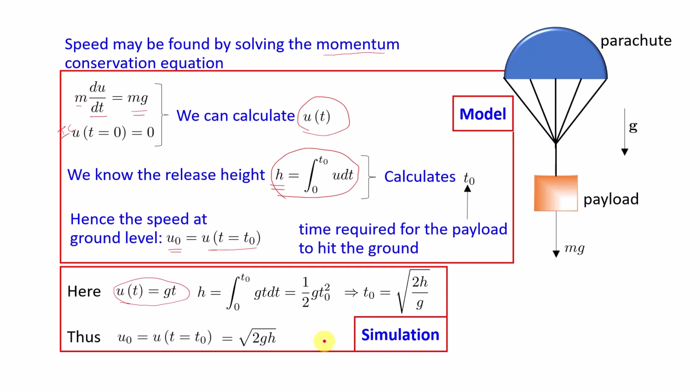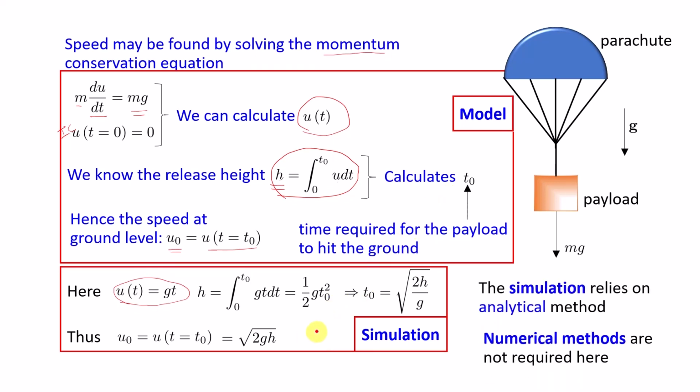You may be wondering that it's so simple. We already know it. What is the point of making all this fuss here? We'll go deeper into it. We have seen the model, we have seen the simulation. The good thing is that this simulation relies completely on analytical methods, and the numerical methods you are going to learn in this course are not really useful in this particular simulation.